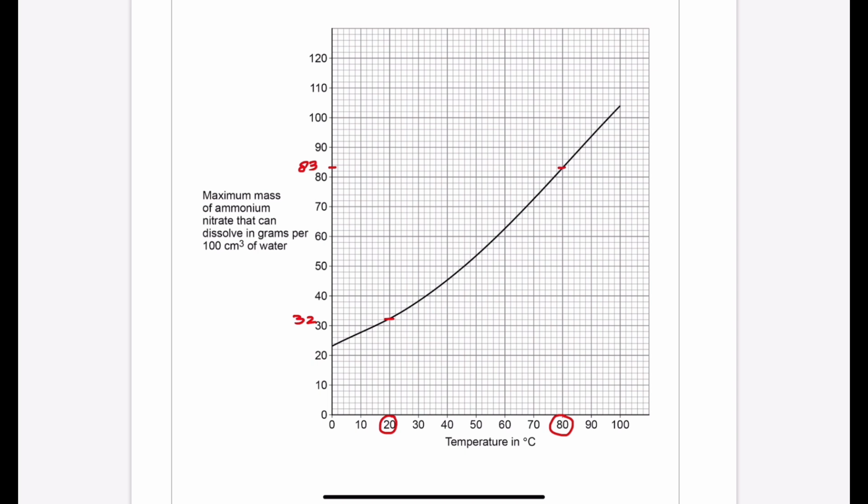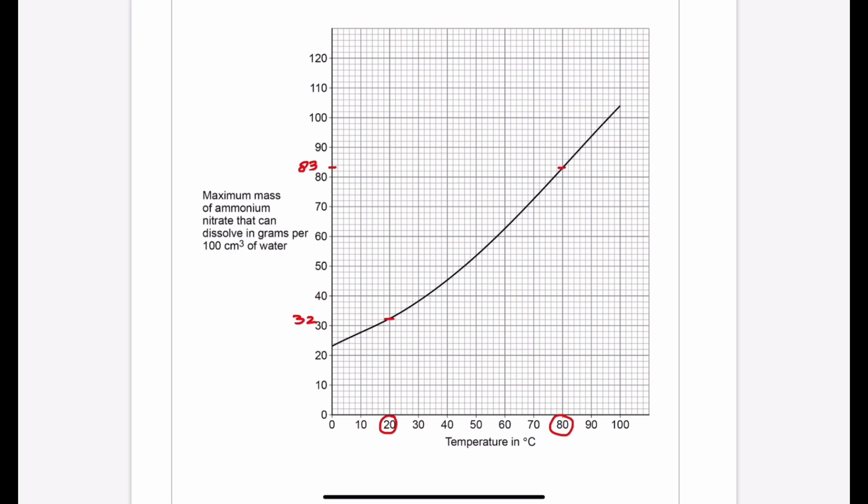From figure number 1, we can see that at 80 degrees, if you go straight up and go straight left on side there, we will get 83 grams is the mass of ammonium nitrate which can dissolve in 100 cm cubed of water. And we know that it is given the temperature drops from 80 to 20. From 20, we will go straight up and go on the left side. The quantity of the ammonium nitrate which can dissolve in 100 cm cubed of water is 32.